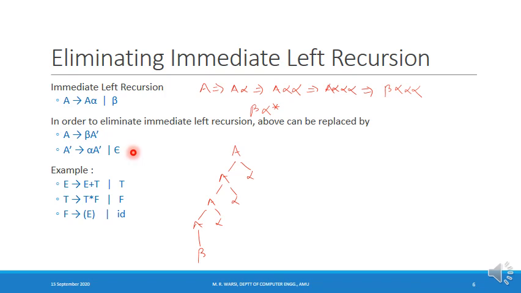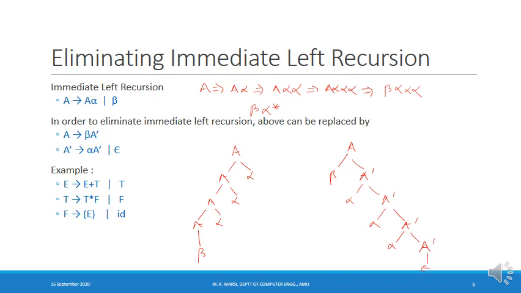But now I have to establish that this grammar is equivalent to the first one. So this grammar is accepting the same strings which are being accepted by this. Let us now construct the parse tree using the second grammar, the modified grammar. The parse tree for the string beta followed by alpha looks like this. From capital A, I am deriving beta A dash, and then I have alpha A dash, alpha A dash, alpha A dash, and finally A dash is getting replaced with epsilon.